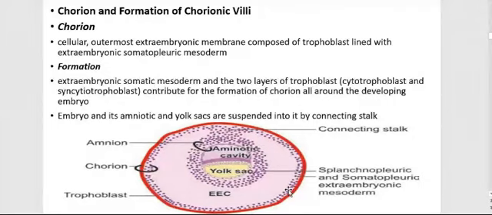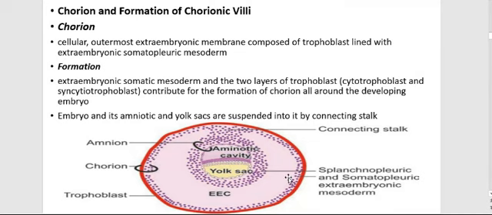So it came to lie here. We had trophoblastic cells coming to fill up the space between the bilaminar embryonic disc and the trophoblast. So this extra-embryonic mesoderm was here.